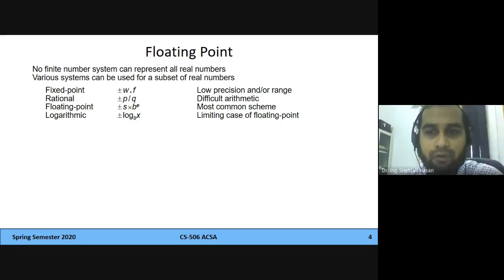We have signed magnitude number systems that can store positive and negative integers. We have a 2's complement number system and different other number systems. 2's complement is the one which is more applicable in computers, but these are all for integers.